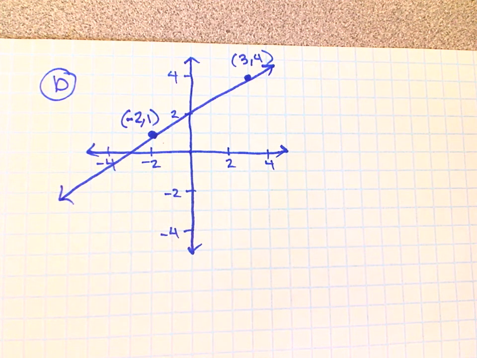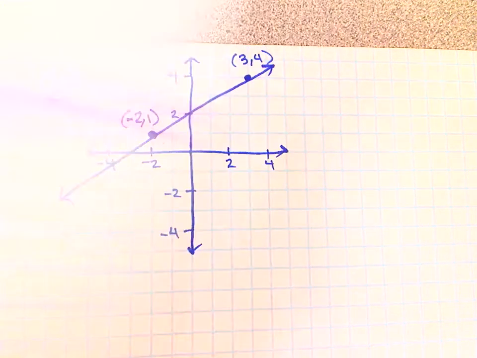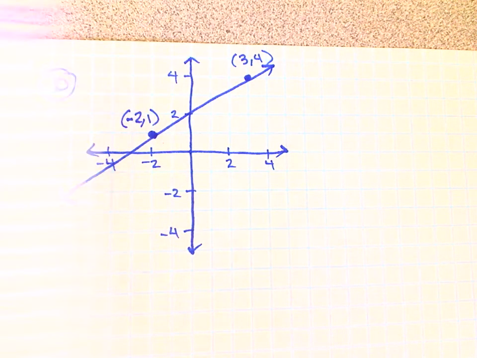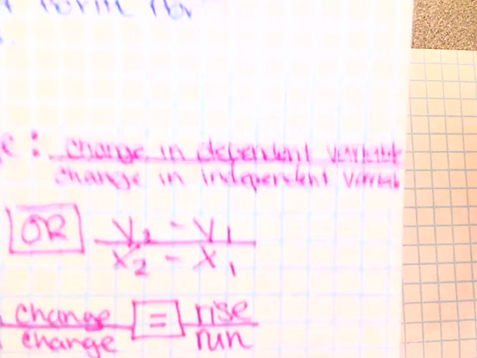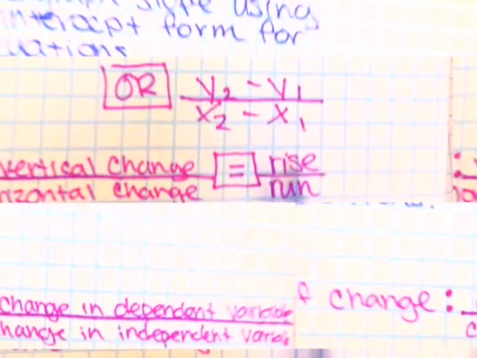Now in this case, I need to find the rate of change. Again, going back to my notes, the rate of change can be independent variables and dependent variables, but I don't see that. It can be y2 minus y1 over x2 minus x1, also known as rise over run.